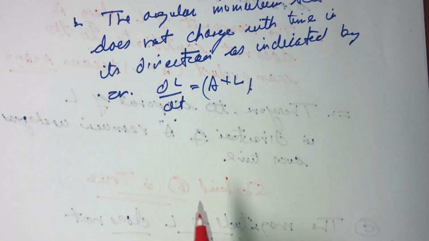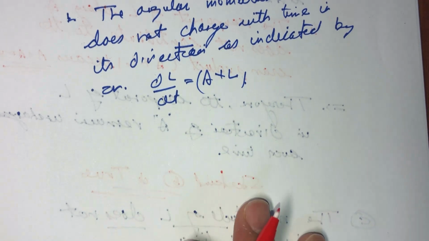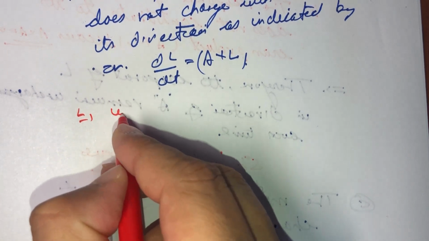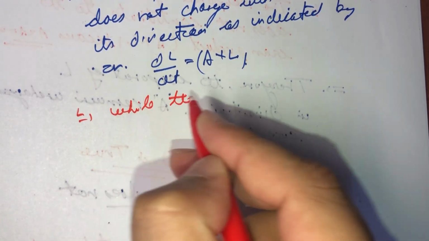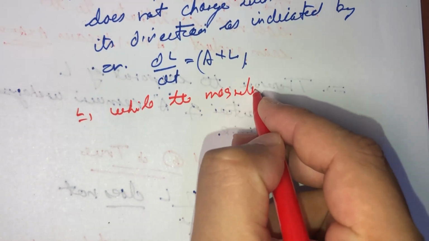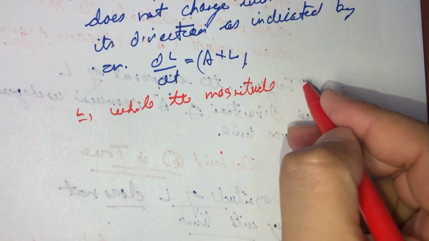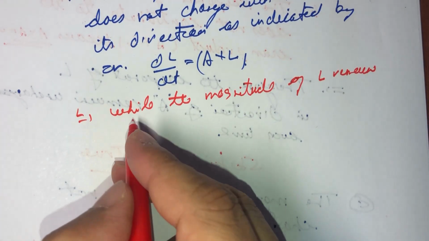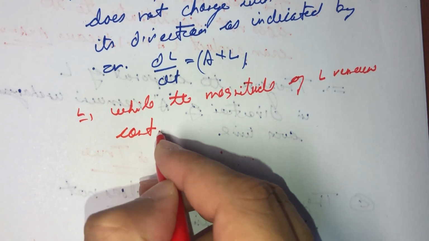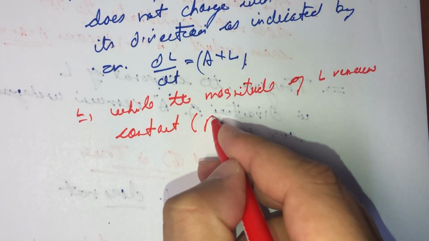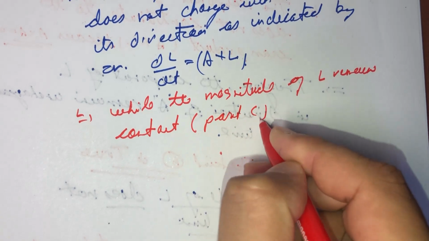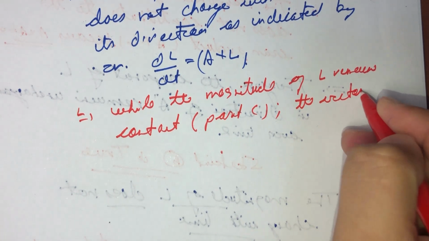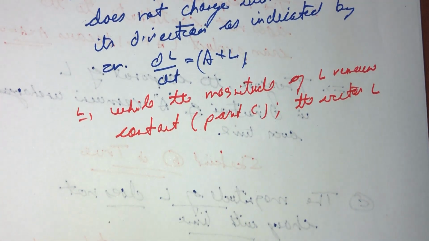The vector L always precesses around A. So we can draw one conclusion: while the magnitude of L remains constant, which we proved in part C, the vector L precesses around A.